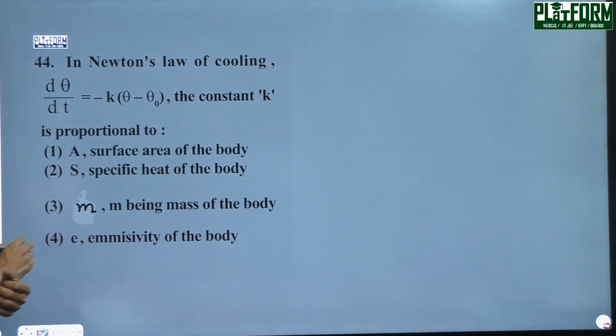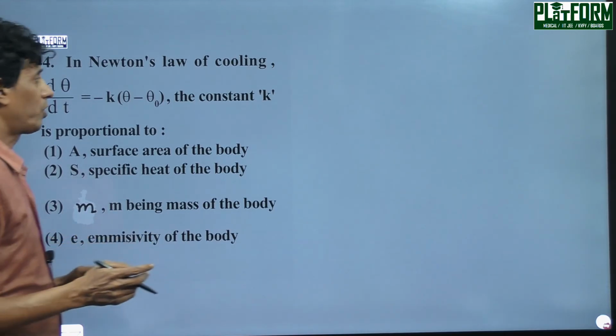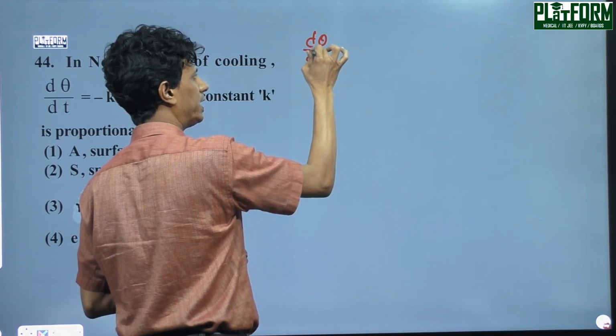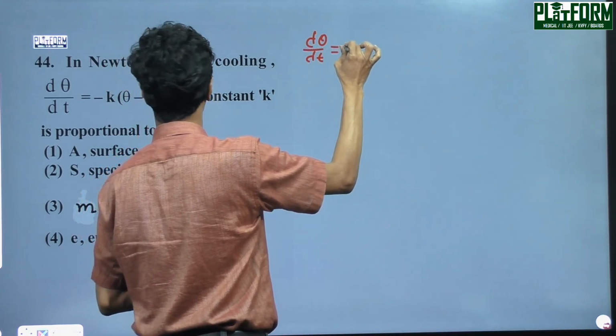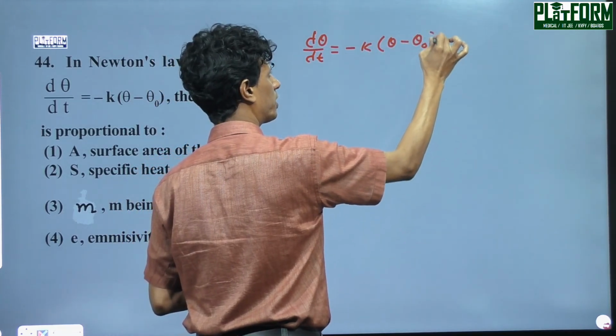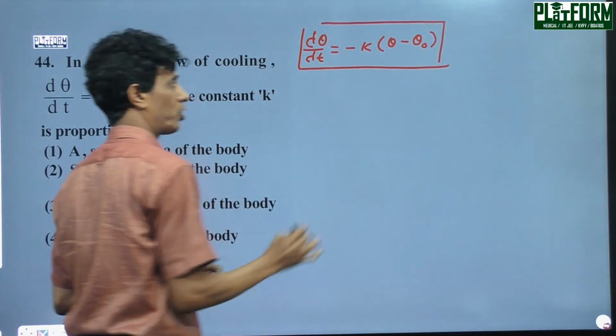Next problem. In Newton's law of cooling, the rate of cooling d theta by dt is equal to minus k into theta minus theta naught. It is the Newton equation of cooling.